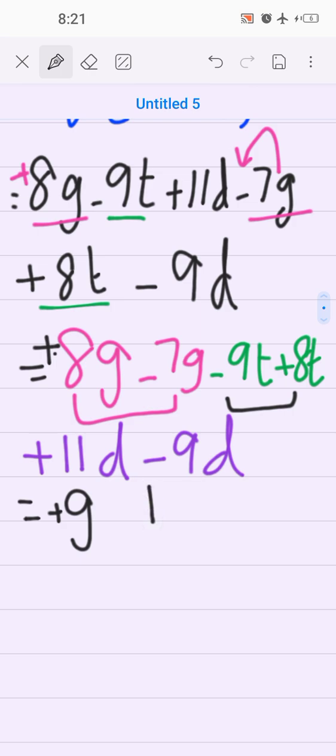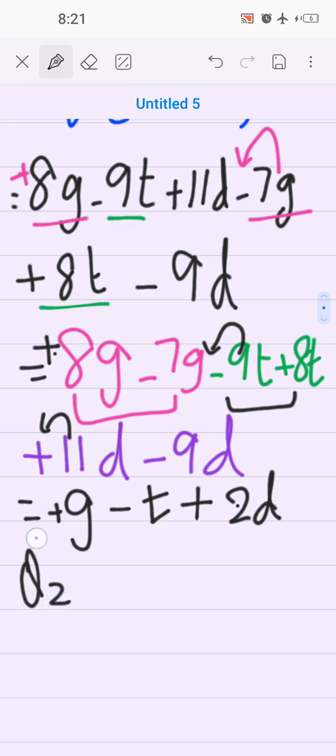You don't change the sign of minus 9 to a plus and plus 8 into a minus. So it is 1t, and the sign of the greater absolute value is minus t. Similarly, 11 minus 9 gives you 2, the sign of the greater number is plus, so I write plus 2d. That's your answer for question number 1.